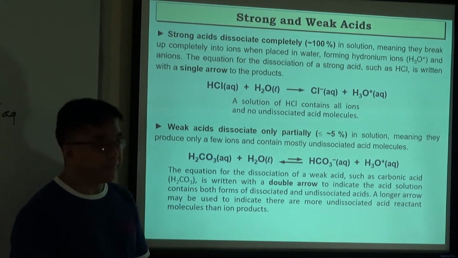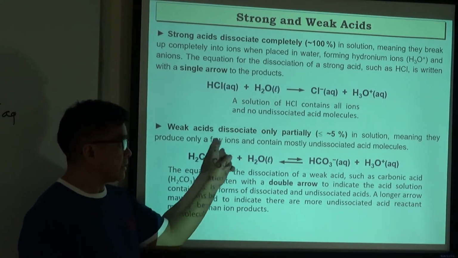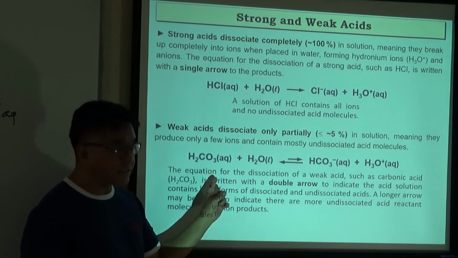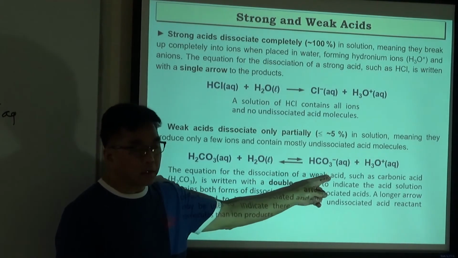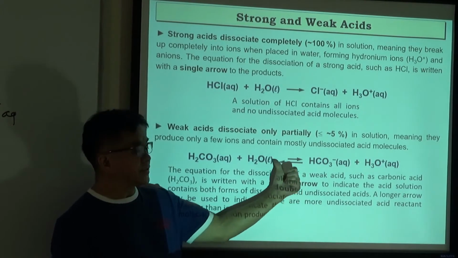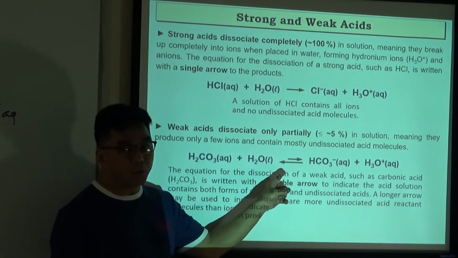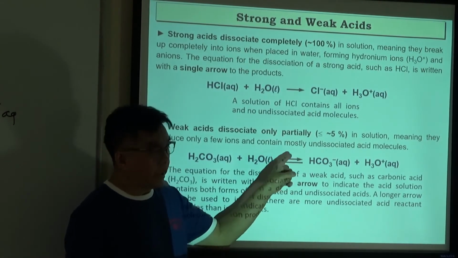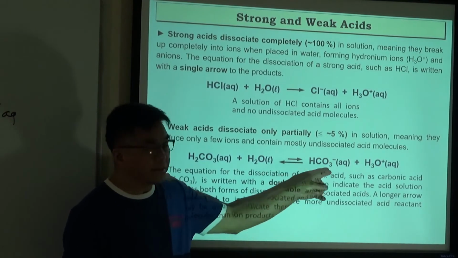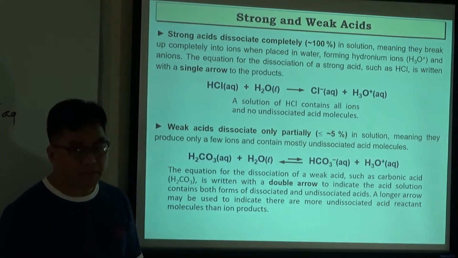Sometimes, to indicate that more of the reactants are present compared to the product, you draw the reverse arrow bigger and the forward arrow smaller, to indicate that only a small amount actually dissociated.